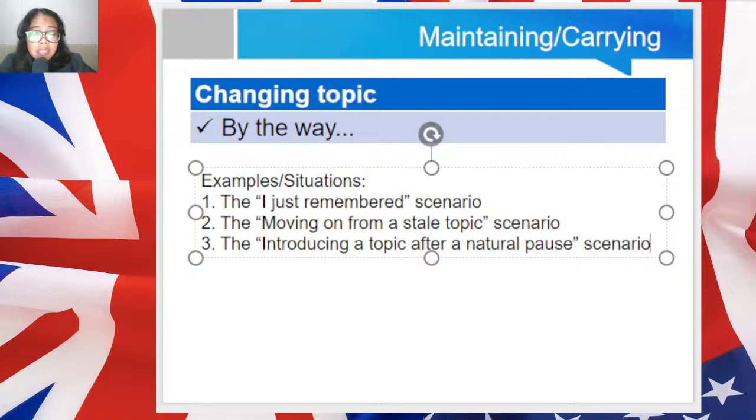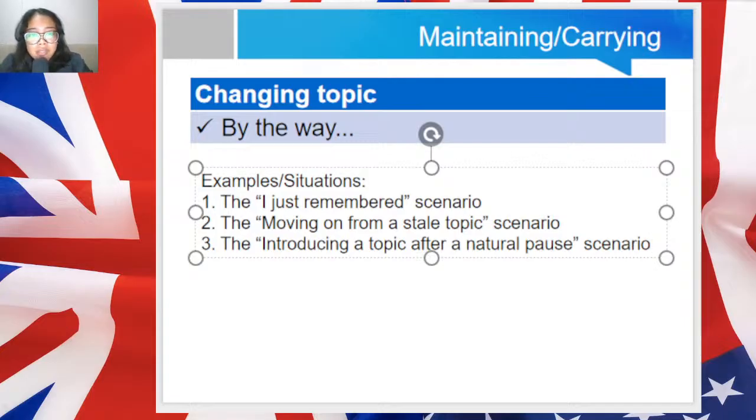So you should say it in a casual, friendly way. It's a low pressure phrase, and it does not demand an immediate specific response. The person you are talking to can just respond to the new topic you introduced.